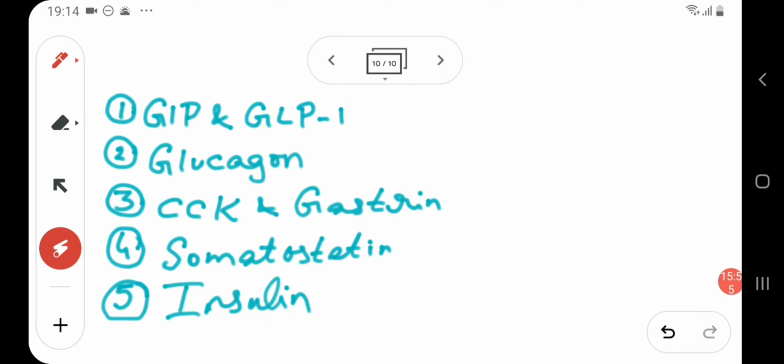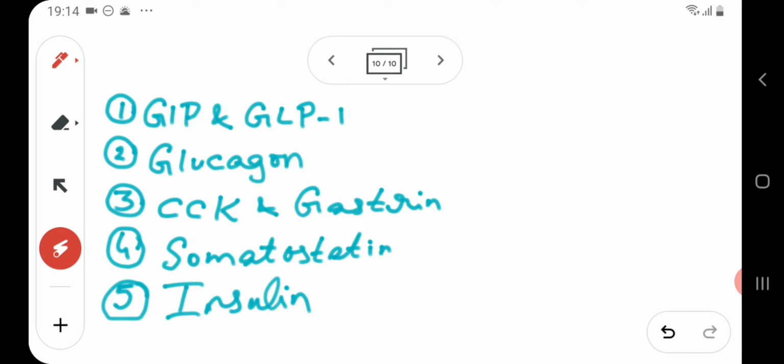Now we will see the hormones which regulate insulin secretion. First we will see gastric inhibitory peptide and glucagon like peptide 1. When food enters the GI tract and reaches the intestine, especially the jejunum and the ileum, these two hormones are secreted. They are released and reach the pancreas through blood.